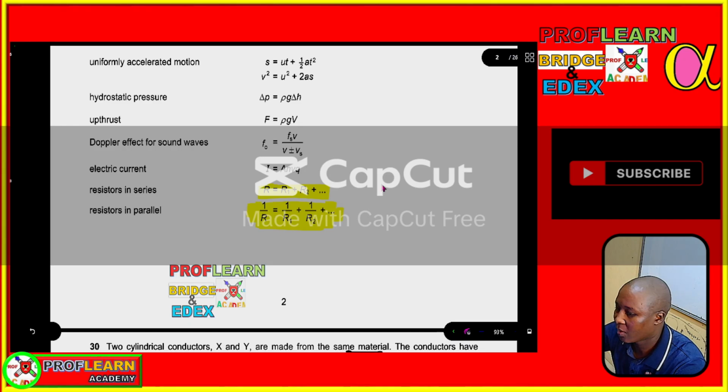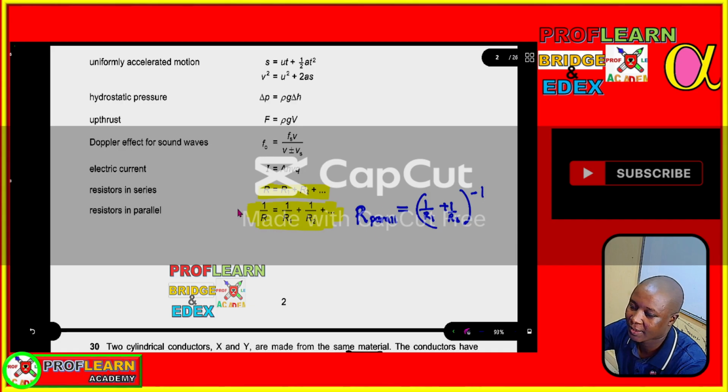But mostly in my paper, when doing resistors which are parallel, you will see me using 1 over R1 plus 1 over R2, all raised to power negative 1, so that I get the answer directly, because if you use the other form you have to find the reciprocal at the end.